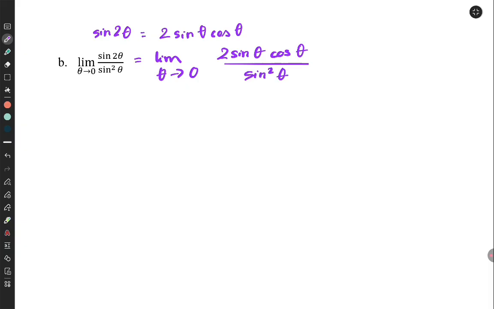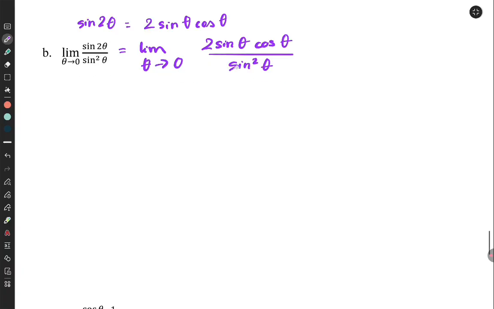What do I see? I see one side in the numerator, one side in the denominator, right? One side theta. Actually, if you cannot see it clearly, you can write out sine squared, which is sine times sine.